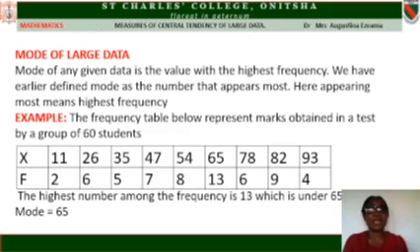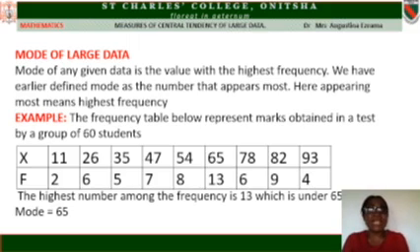Example: the frequency table below represents marks obtained in a test by a group of 60 students. Let us group it. Under score, we have 11, 26, 35, 47, 54, 65, 78, 82, and 93.